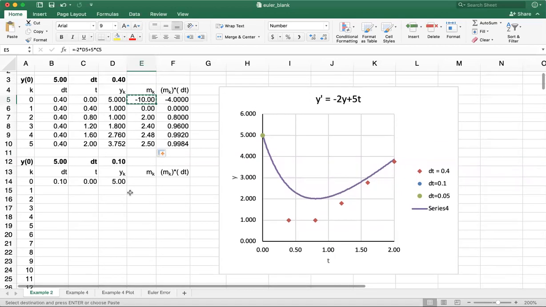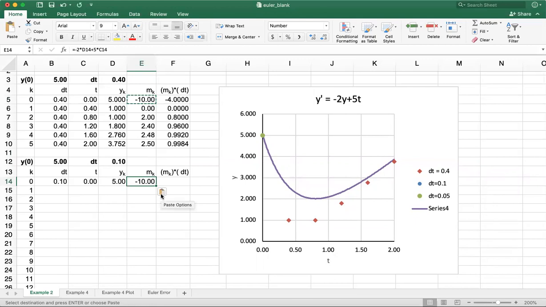So I can just copy this formula for slope and paste it right there. And the initial slope doesn't change. The only thing that changes is slope times delta t. I can copy that cell and just paste it here. And slope times dt should be -1 because it's -10 times a delta t of 0.1.